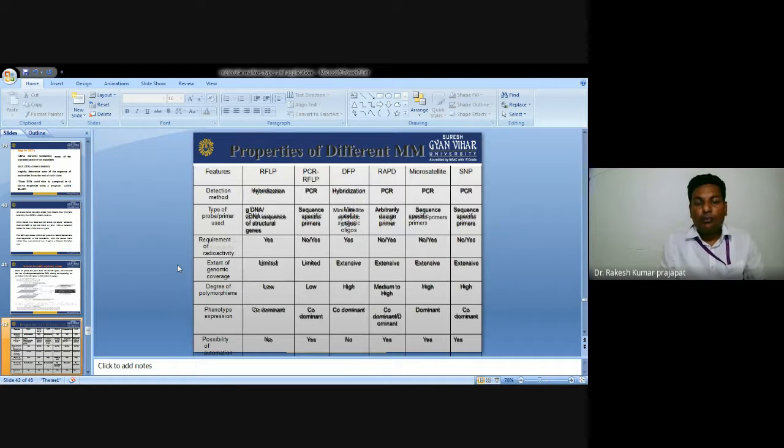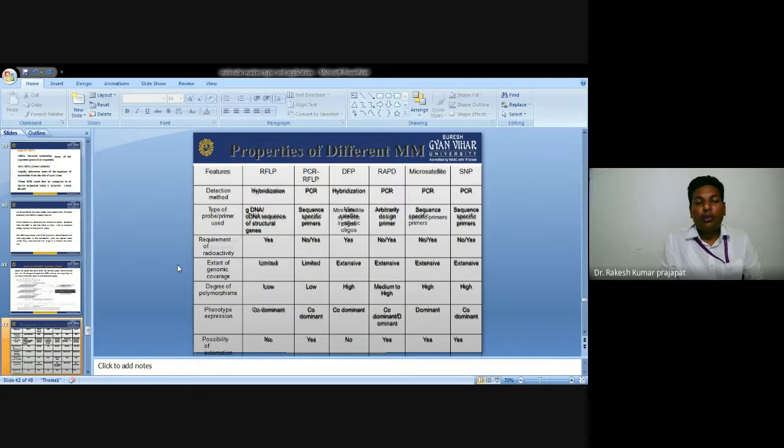So here is an overall summary of these molecular markers with their comparisons: RFLP, PCR, RFLP, RAPD. The detection method for RFLP is hybridization, while the others generally use PCR. The type of probe or primer: RFLP uses genomic DNA or cDNA sequences as probes, microsatellites use sequence-specific primers, and minisatellites use sequence-specific primers as well. In the case of RAPD we are using arbitrarily designed primers. Radioactivity is required for RFLP, but in a few cases it is not required.